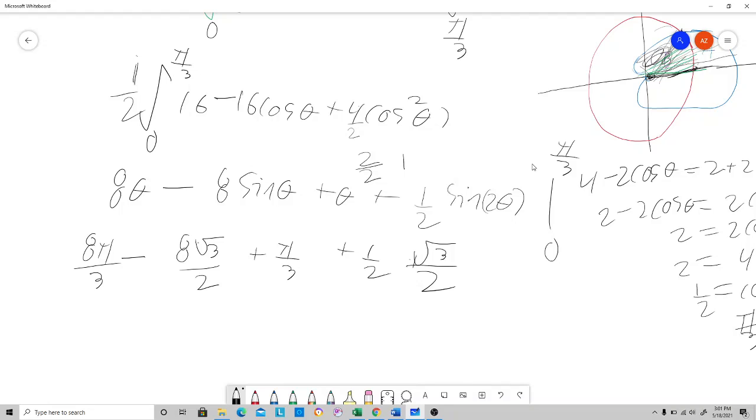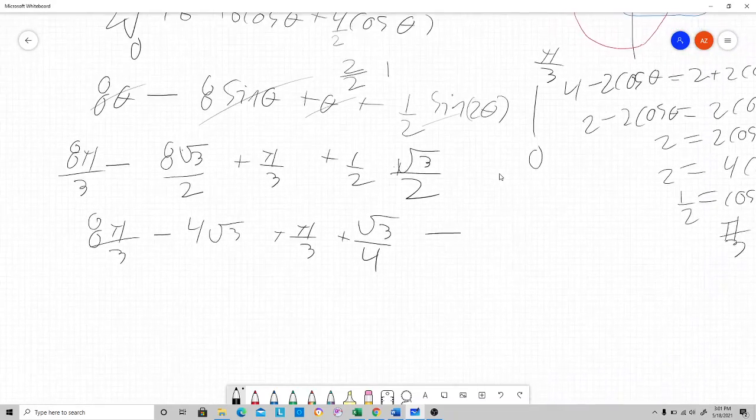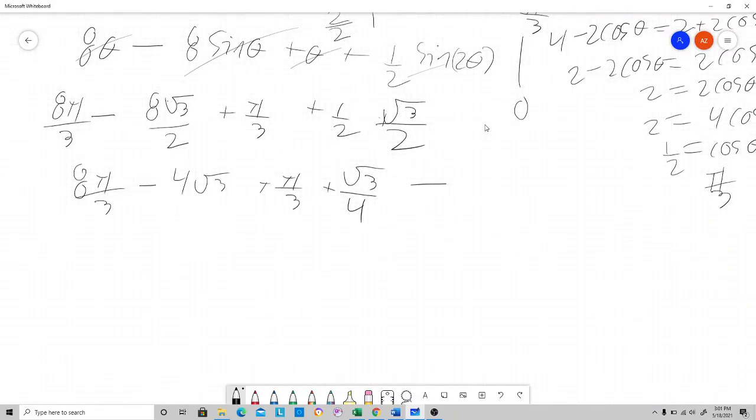And then if we simplify this a little more, this would be 4 square root of 3 plus pi over 3, square root of 3 over 4. And then if we plug a 0 in, this will go away, this will go away, this will go away. So this should be the answer for the first half of the portion.